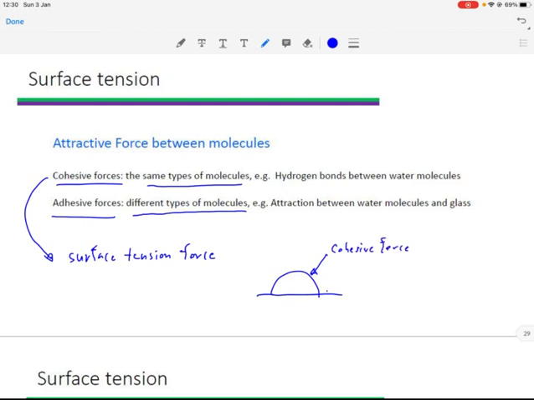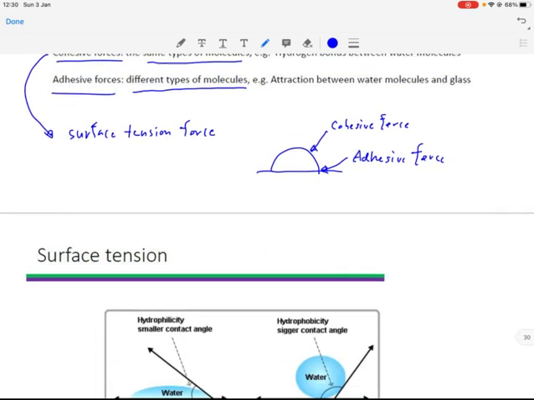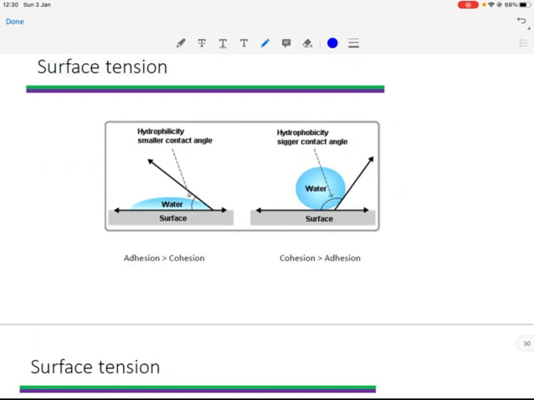But the force that attracts the water molecules and the molecules of the surface we call adhesive force. And these two forces are competing with each other. And this tells you how the drop of water forms on the surface. Of course, this depends on the properties of the surface.